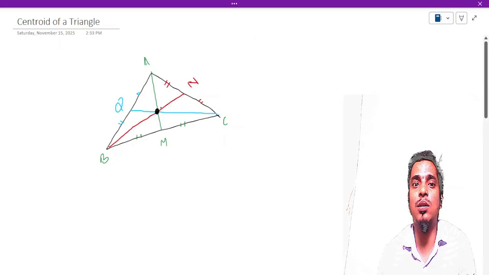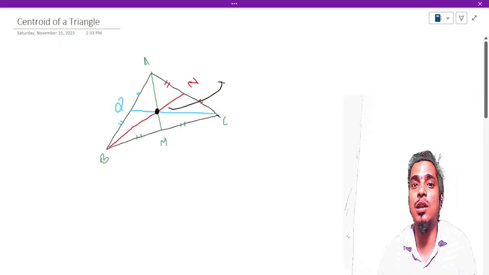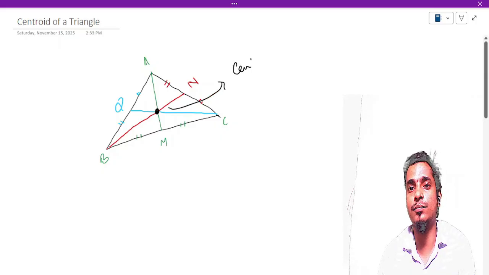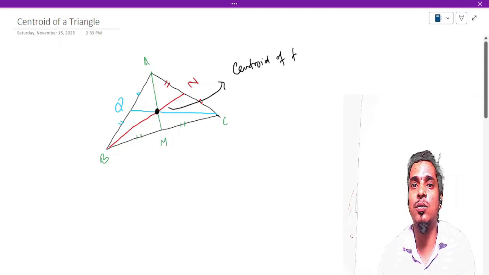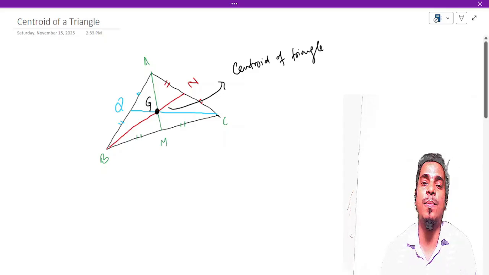This point of intersection of the medians of a triangle is known as the centroid of the triangle, which is denoted by the capital G.